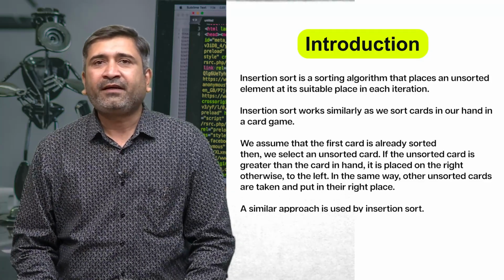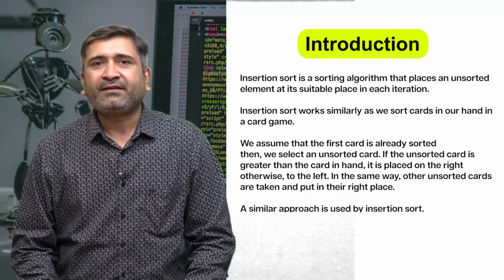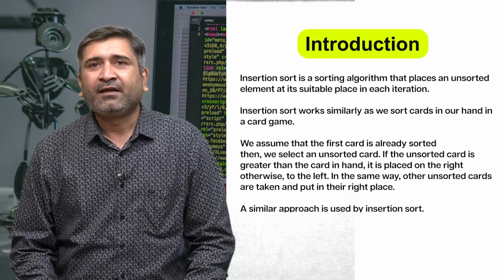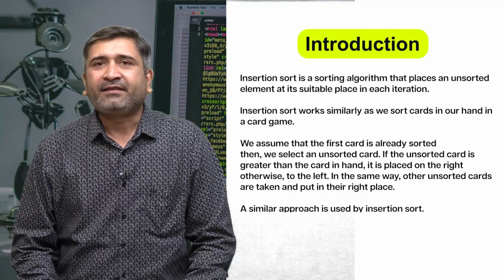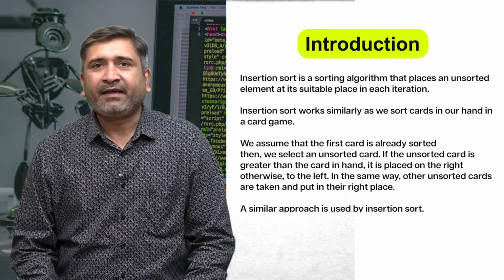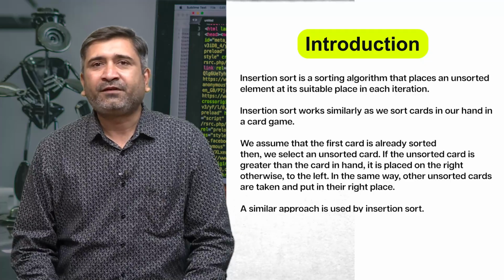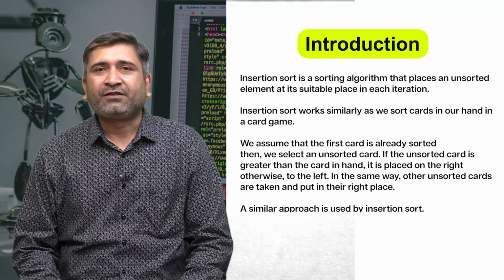If the unsorted card is greater than the card in hand, it is placed at the right, otherwise to the left. In the same way, another unsorted card is taken and put into the right place. A similar approach is used in insertion sort.